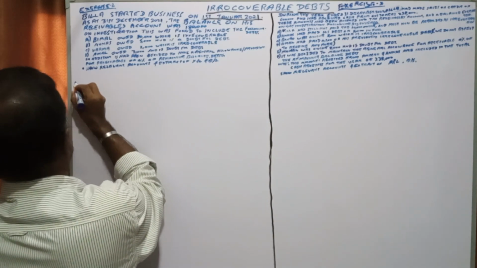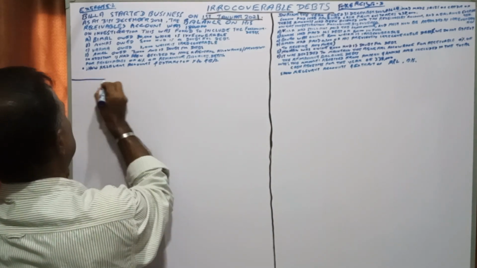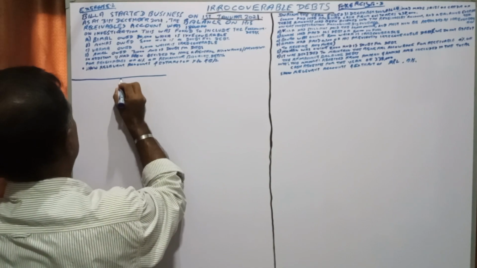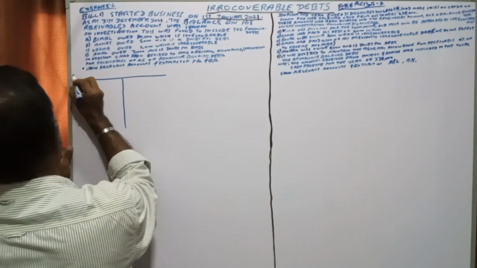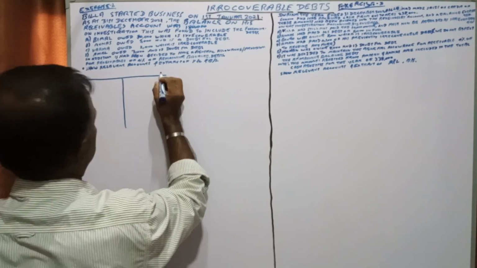Open a receivable or debtors account. Here debit, here credit.